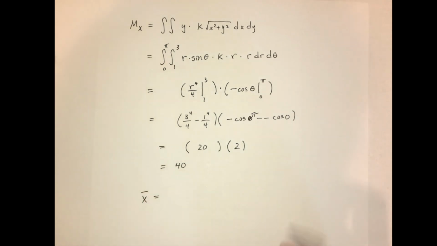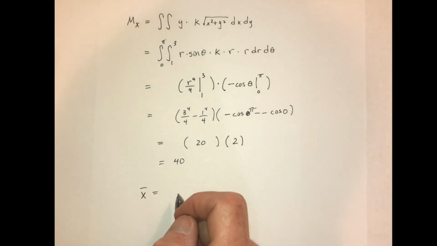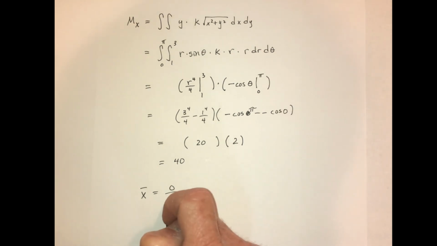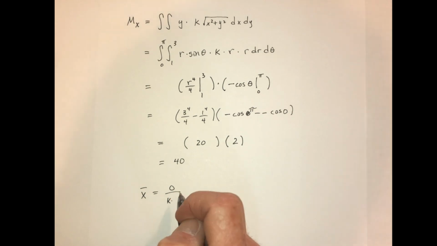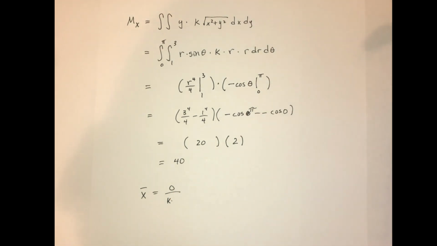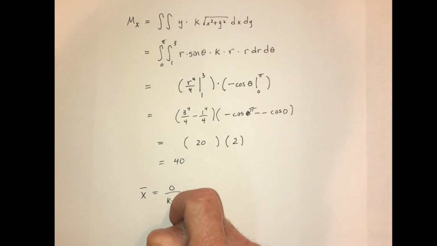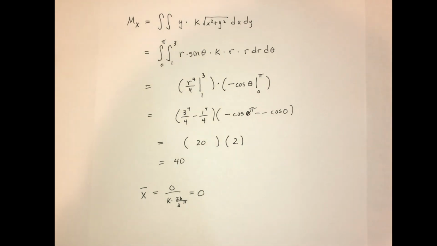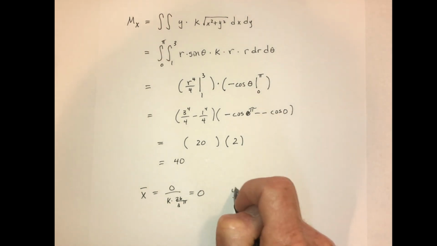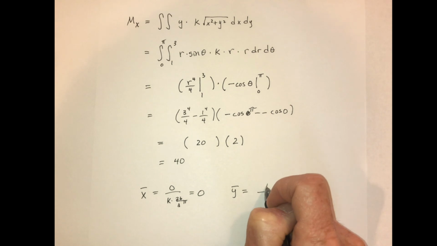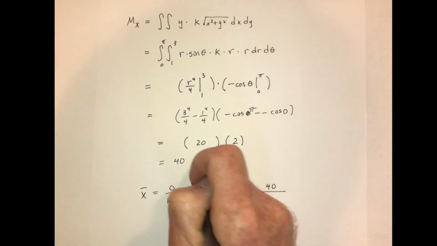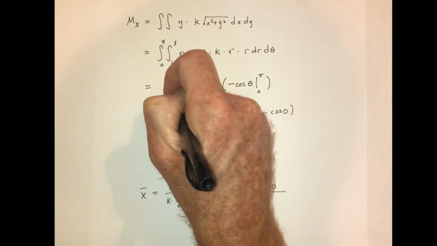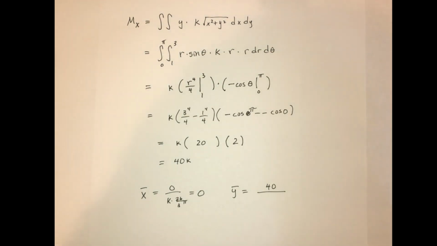Now for the center of mass. So the x bar will be my, which was 0, divided by that m, which was k times 26/3 pi. And then because it's 0 on top, that equals 0. Y bar is going to be 40, I forgot the k again. Why didn't you guys tell me?